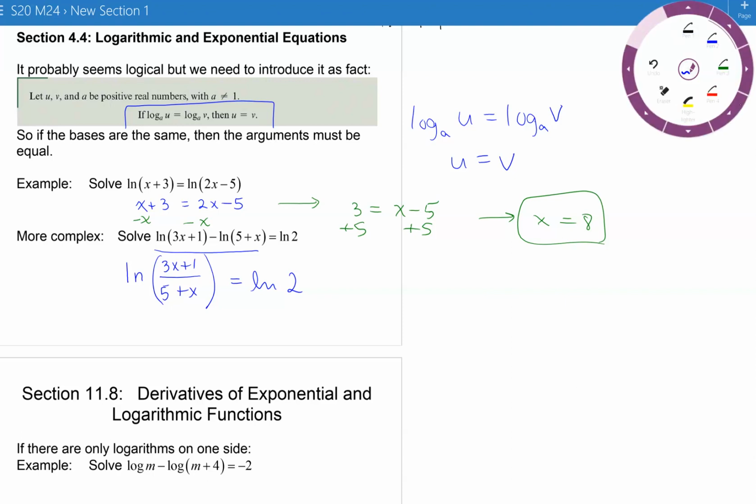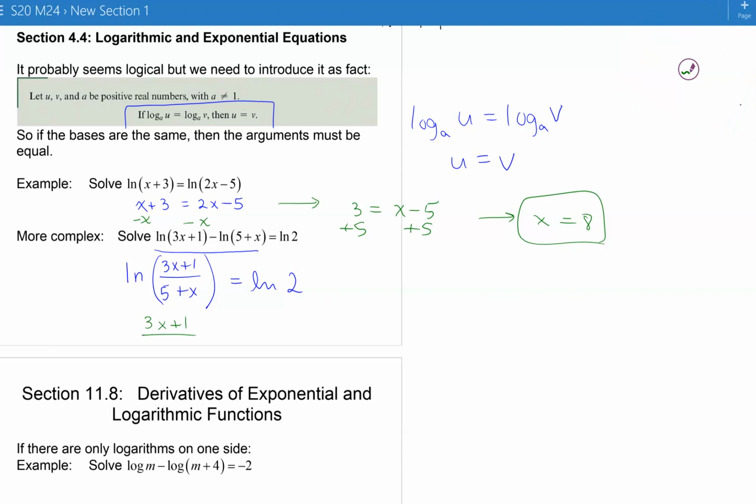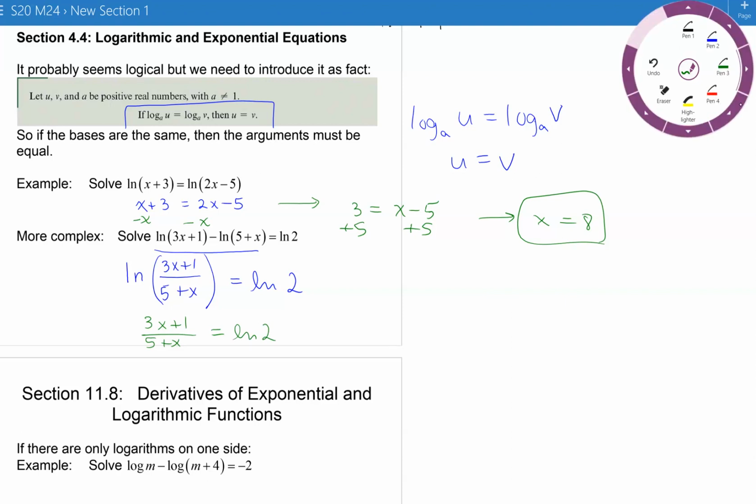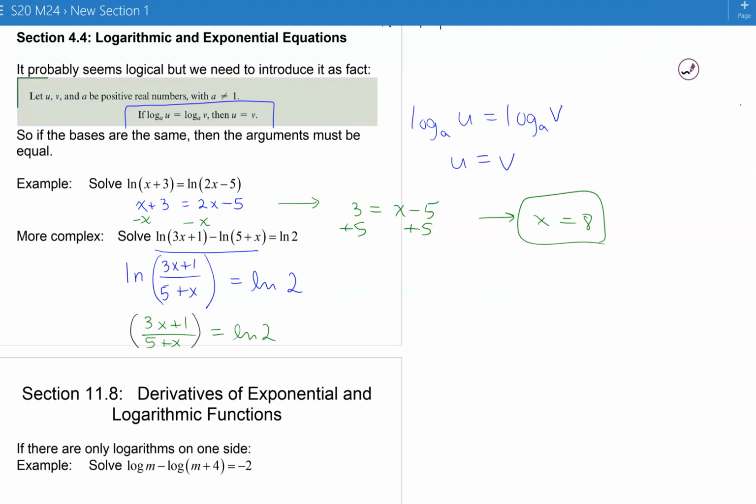And now you can say that the arguments have to be equal. Then the ln of 2 is just a number.